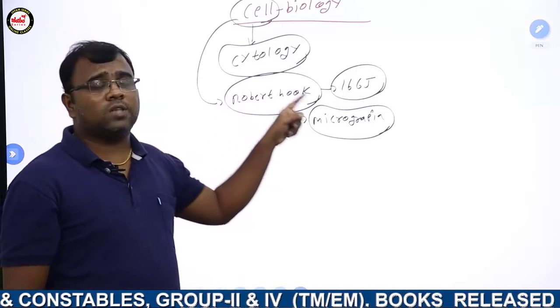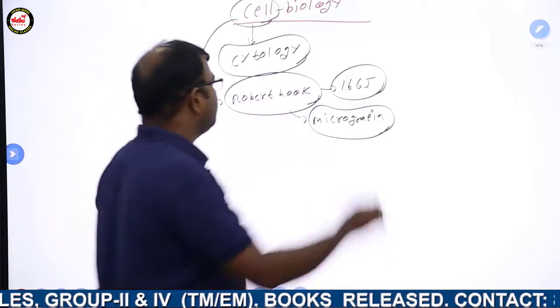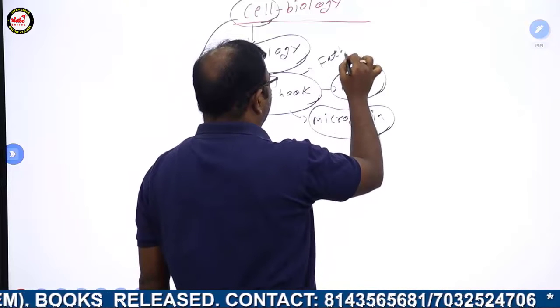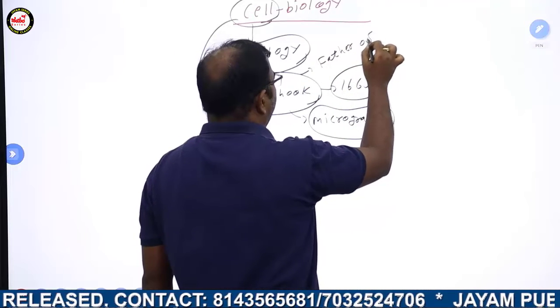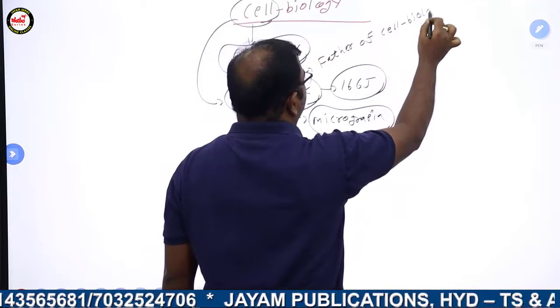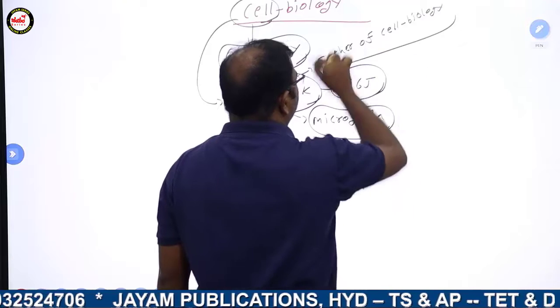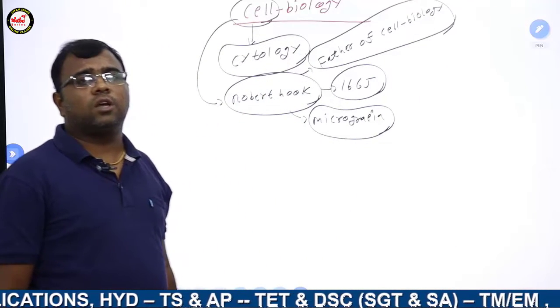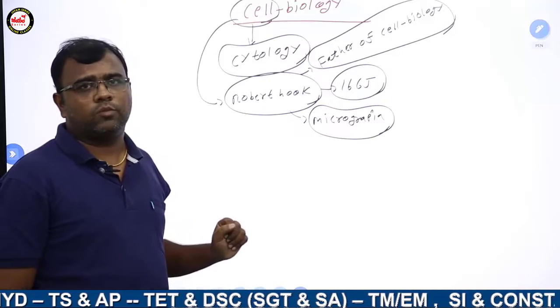Robert Hooke is also called the father of cell biology.